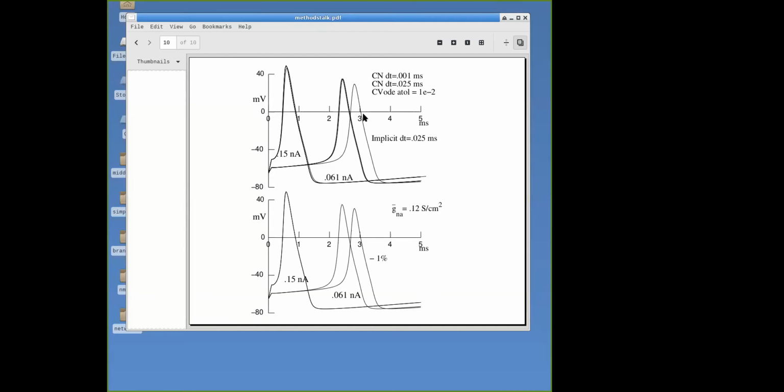Now, just one last thing in closing, I want to mention something about judgment. This slide, the top figure shows a couple of sets of traces.